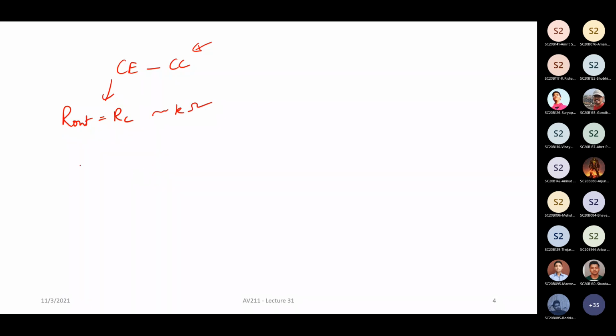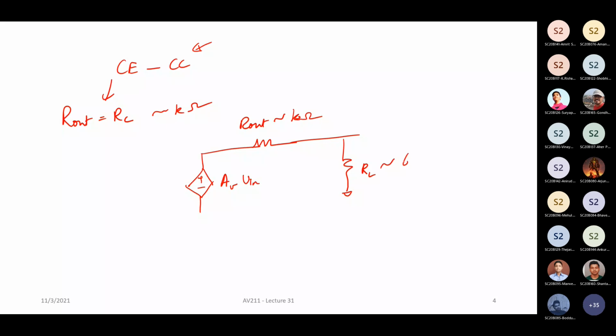If you draw the equivalent circuit diagram, let us say it is intrinsic AV times V in, with an output impedance of R out, which is in the range of kilo ohms. And if you connect your load impedance of 64 ohm, now what will happen?